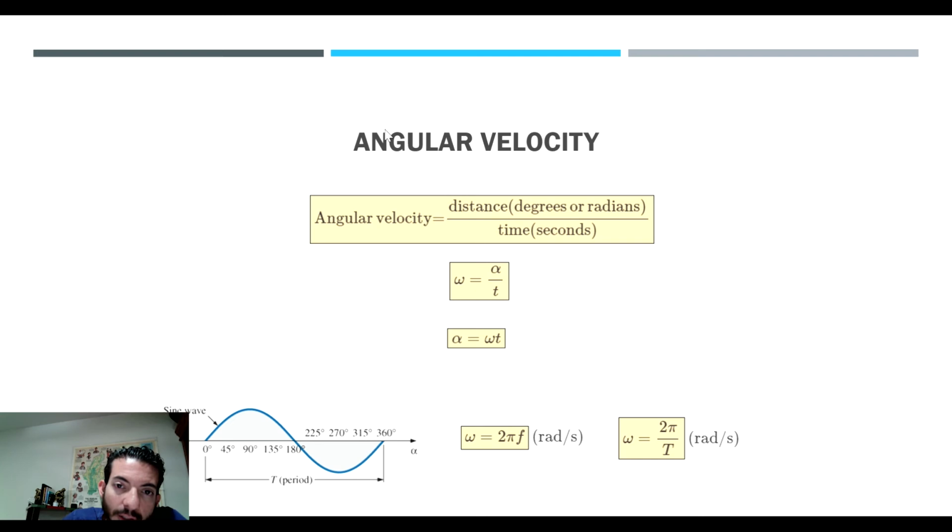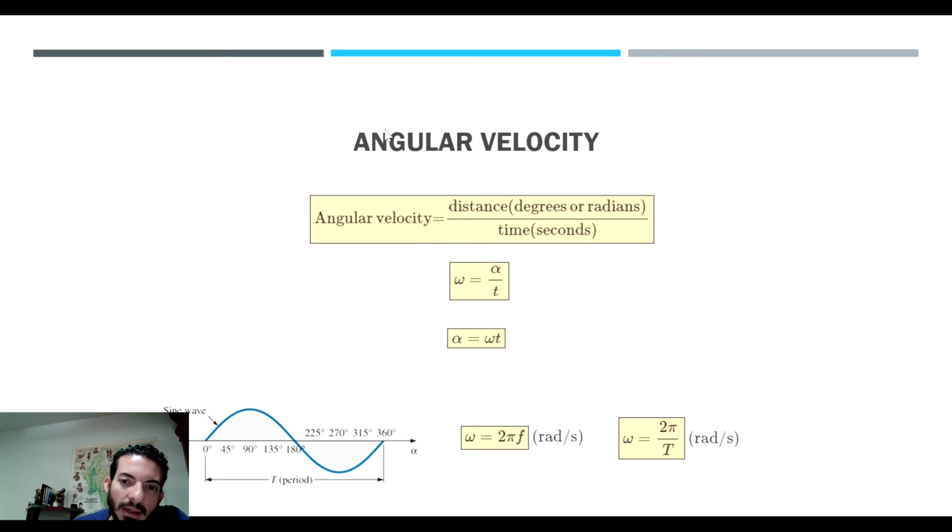And those things are useful, the degrees and radians, because you can compute the velocity or angular velocity of equipment or things like the earth rotating, motor rotating. This has angular velocity, and the distance is in radians per second and revolutions per minute and degrees per second, etc. So angular velocity is the distance traveled within the circle divided by time.